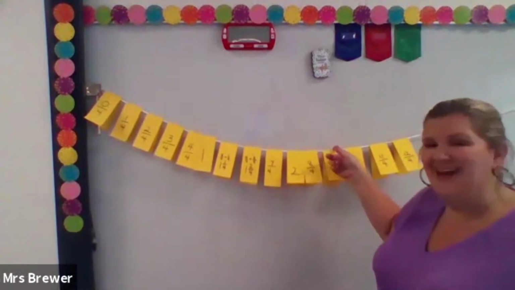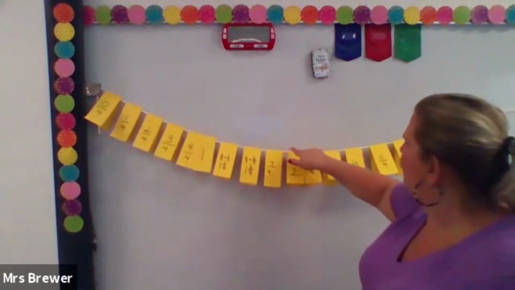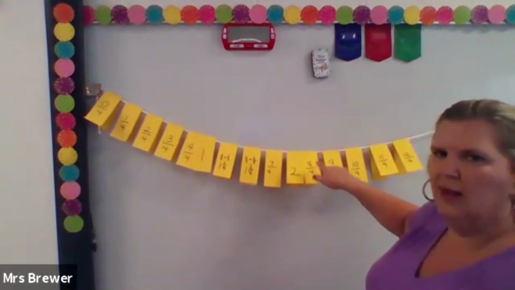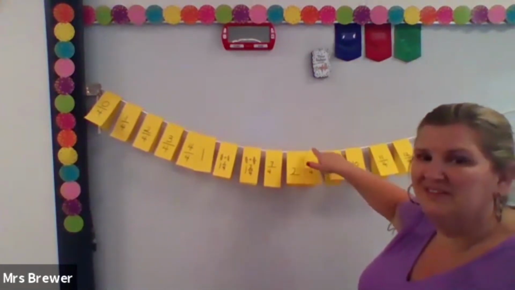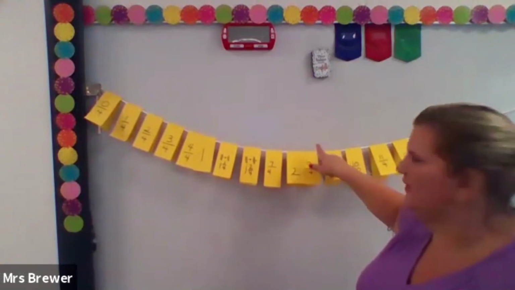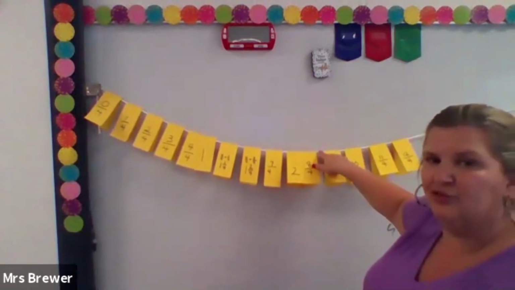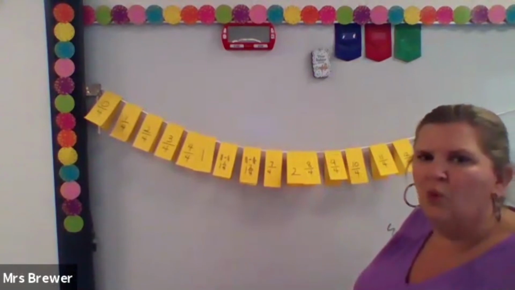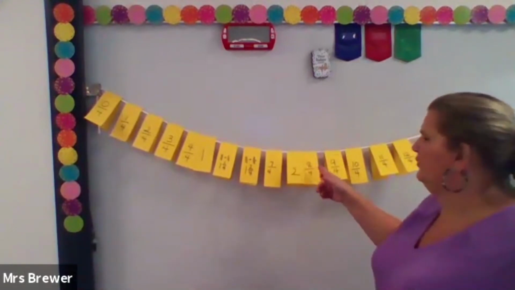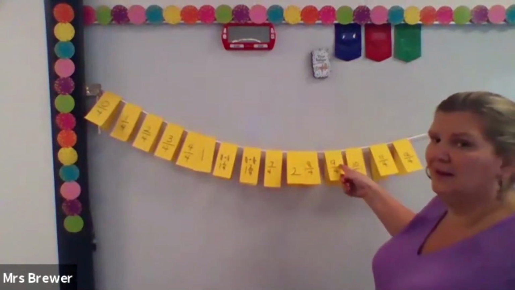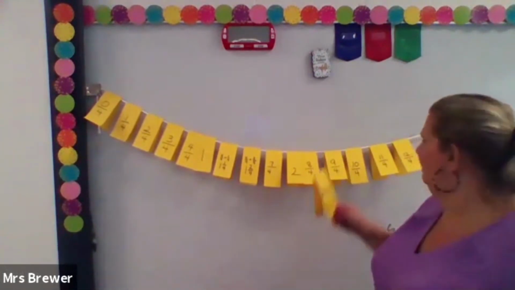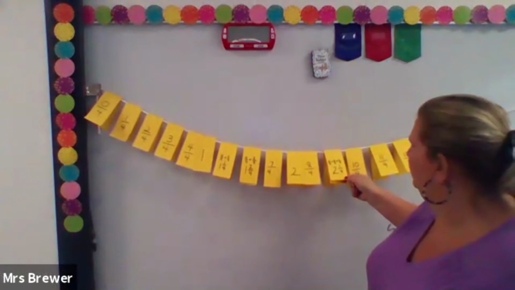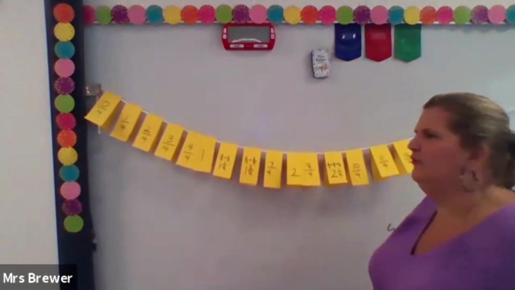So here for 9/4, I went 2 whole plus another what? Plus another 4th, because I know every time I see this section of my string, I know it is 1/4. So now I'm going 2 and 1/4. So right here, 9/4 is equivalent to 2 and 1/4.